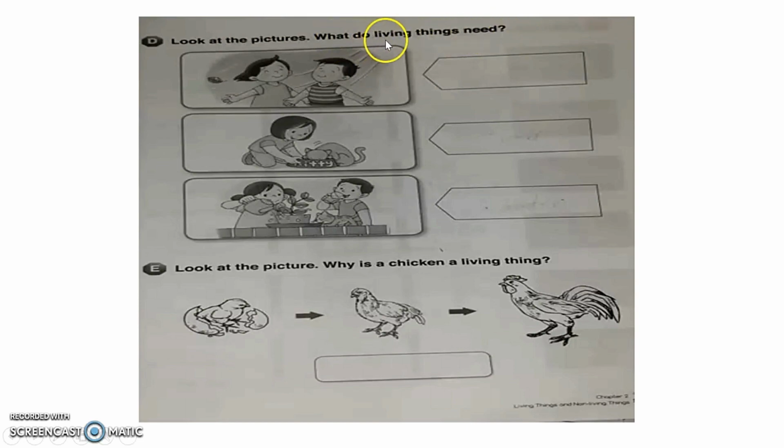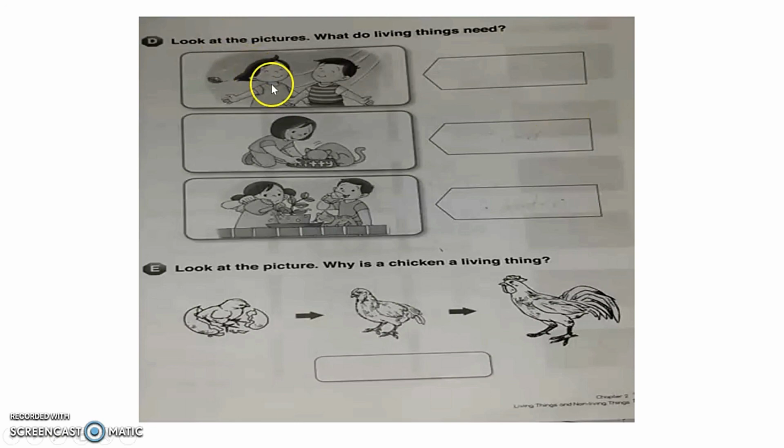We have 3 pictures. As you can see in our discussion, you remember the 3 essentials for us to live: air, water, and food.